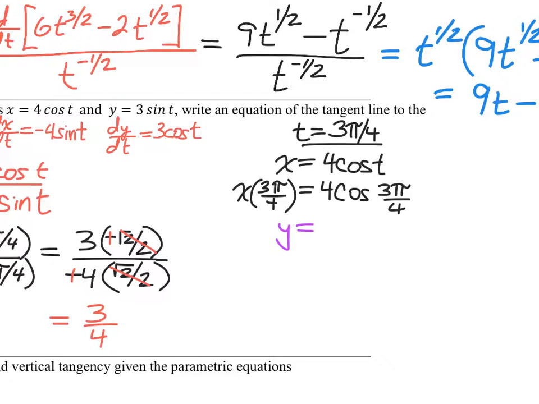Y is equal to 3 sine of t, and I'm going to find y of 3 pi over 4: 3 sine 3 pi over 4.